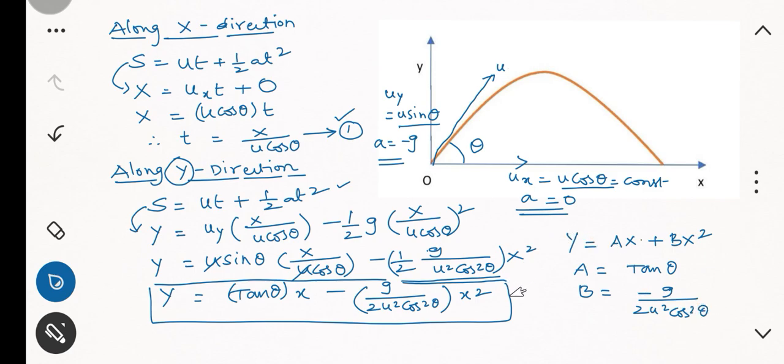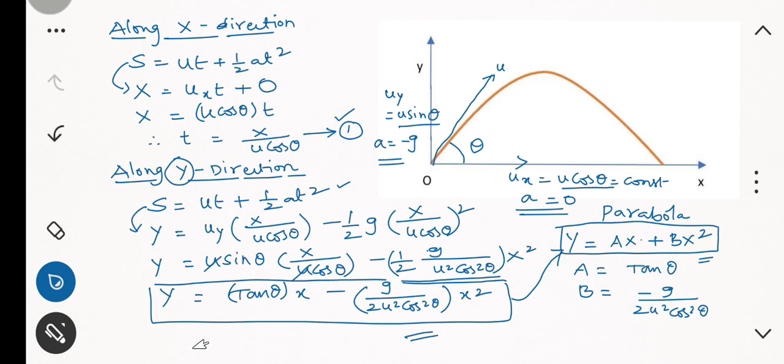This expression we have derived is similar to y is equal to ax plus or minus bx square. Then this equation is the equation of a parabola.